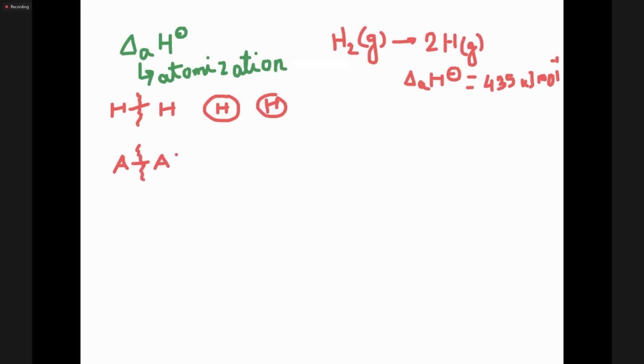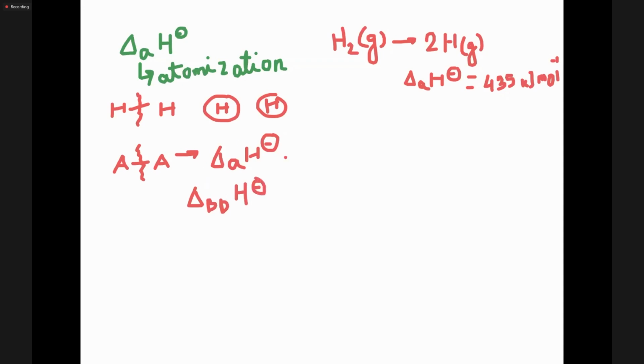Now this energy actually corresponds to the enthalpy of atomization because we are producing the atoms. So A-A to different A atoms will be produced. And also since the bond between A and A is getting broken and it is the only bond that is getting broken, it will be termed the bond dissociation enthalpy. So it will be delta BDH minus.